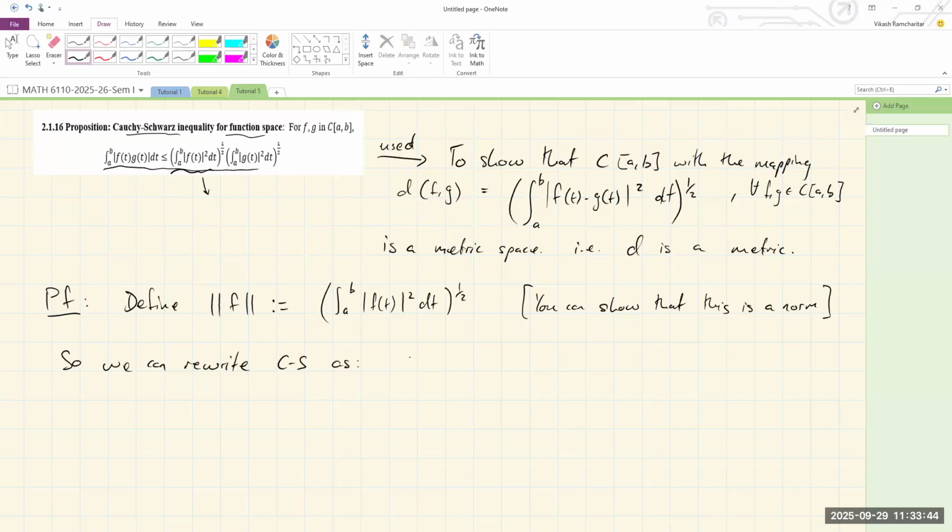This is just the norm of fg, and I need to square it because there's no square root on the left hand side. And I want to show that this thing here is less than or equal to the norm of f times the norm of g.